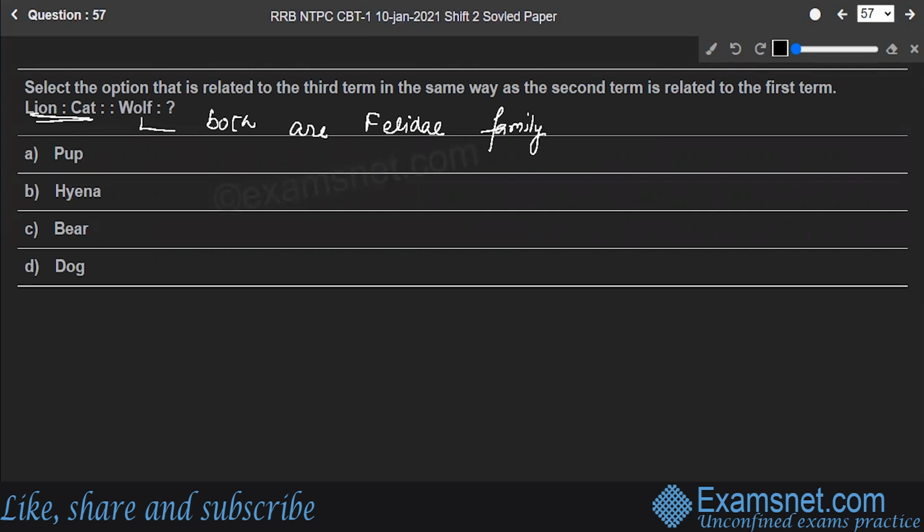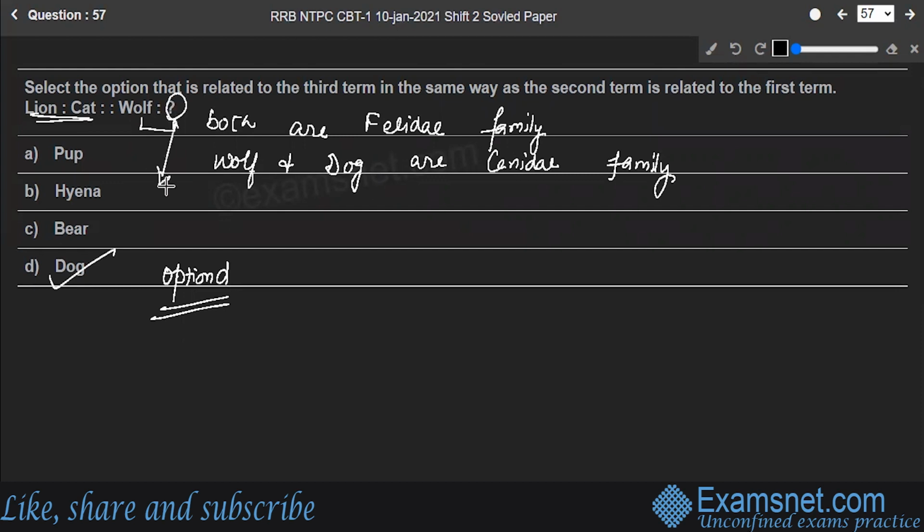Similarly, wolf and dog are there. Wolf and dog are Canidae family. That means I have option D as the correct answer to the question. So the question mark will be replaced by dog. Hope you understood this.